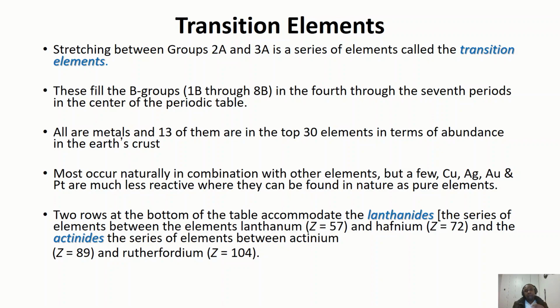So, like I said, under the block, you see that we have the lanthanide series and the actinide series. The lanthanide series is the series of elements that are in between lanthanum and hafnium on the periodic table. And the actinide series, they are the elements between actinium and rutherfordium.